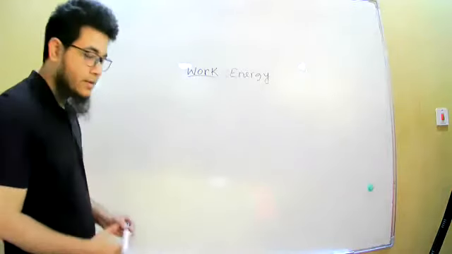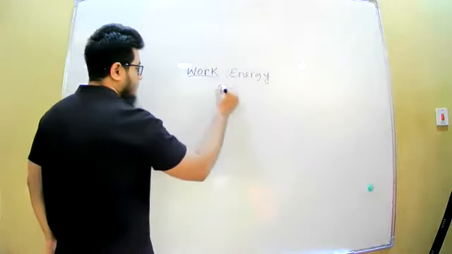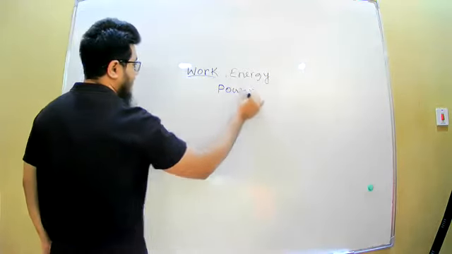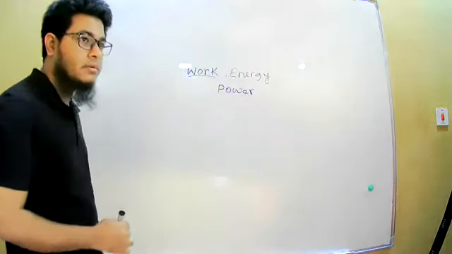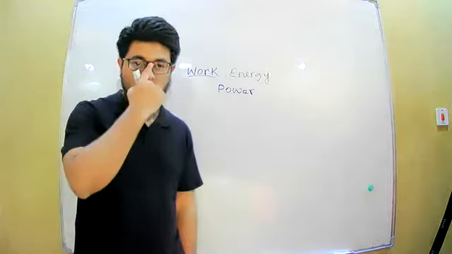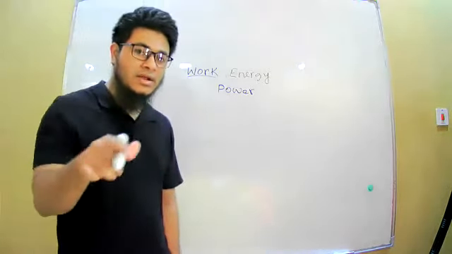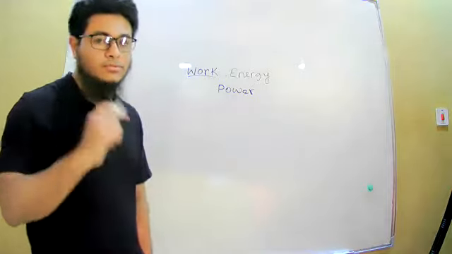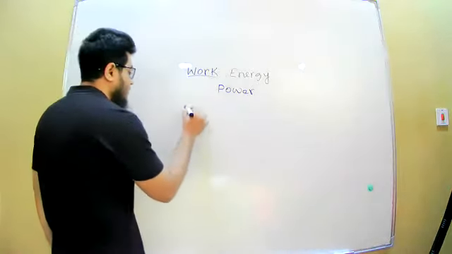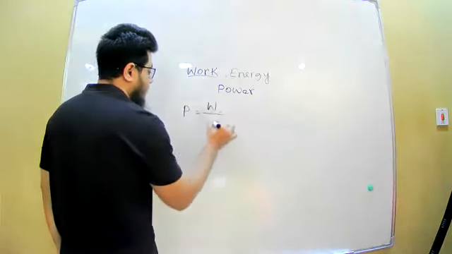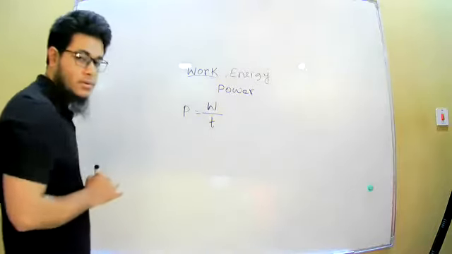Then we have power, right? I already said that whenever we are considering power, we have to consider time: how much time a person is taking. Not only the amount of work matters, the time taken to do the work also matters. So power P is equal to W divided by t.